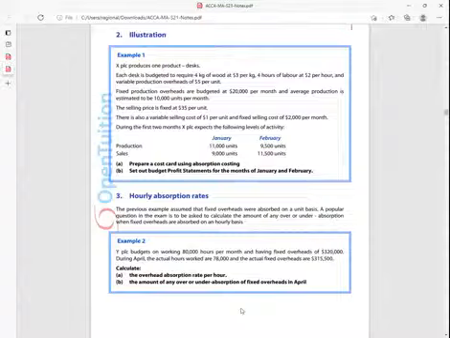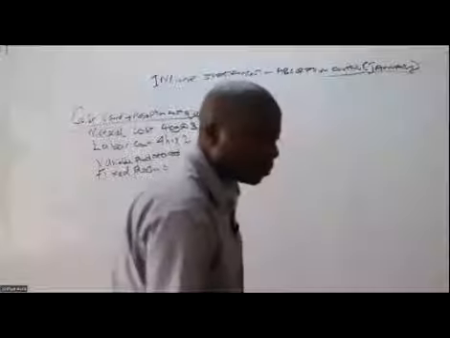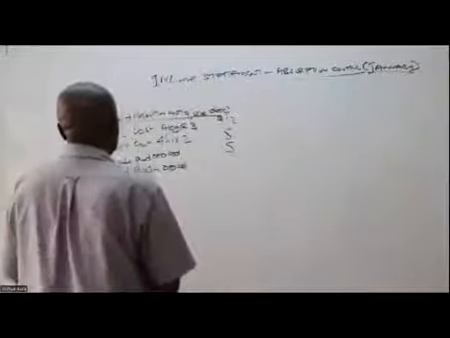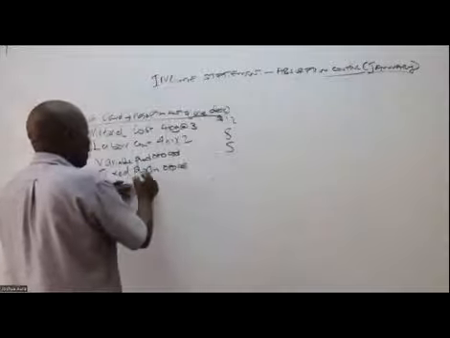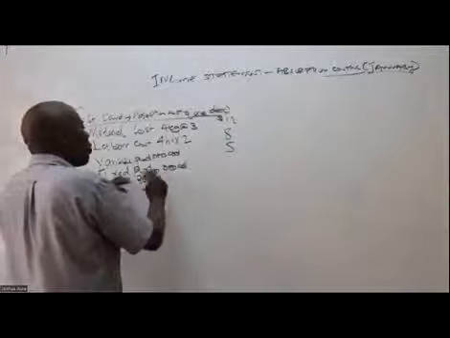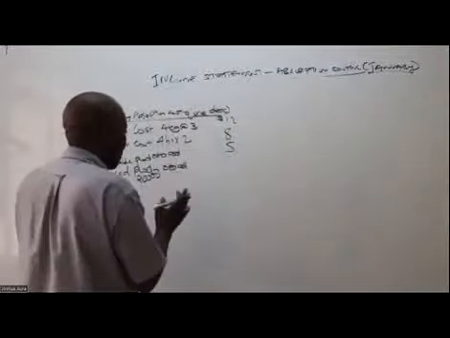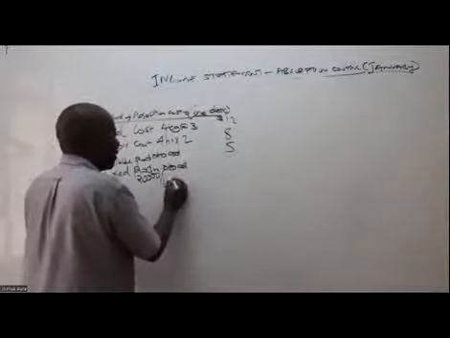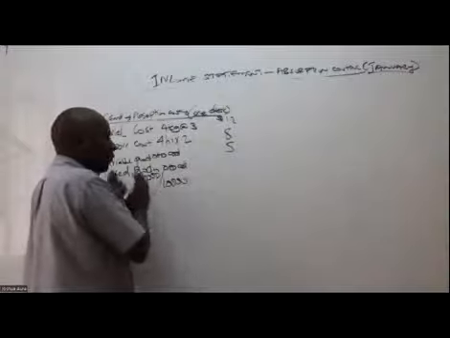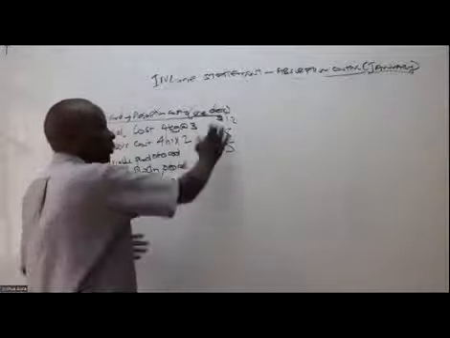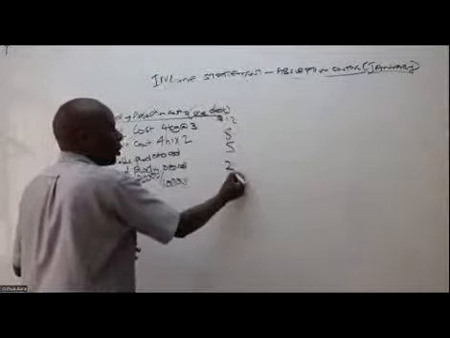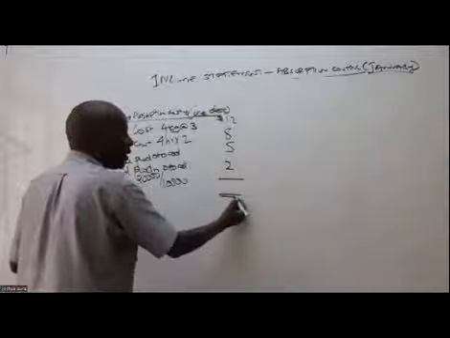So 20,000 divided by 10,000. For a whole month the fixed production overhead is 20,000, and for that whole month we shall produce 10,000 desks. We divide by 10,000 because we want to get fixed production overhead cost per unit, per desk, which gives me 2. So could you kindly confirm how much are we getting?